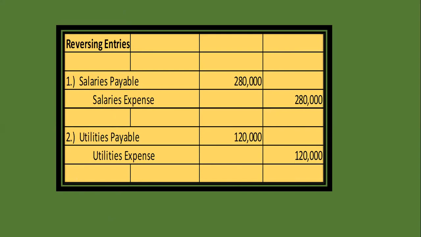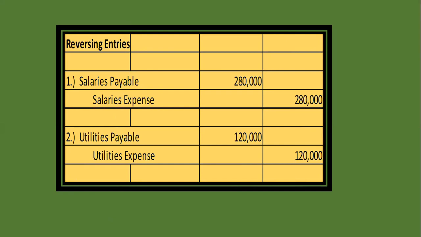We have the salaries payable and the utilities payable. So when you say reverse, we just reverse the entry made during the time we did our adjusting entries. So when we adjusted for salaries payable, it was a debit to salaries expense and a credit to salaries payable. So for the reversing entry, we just reverse the entry. So debit salaries payable, credit salaries expense.